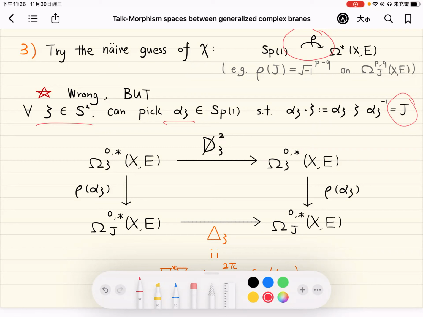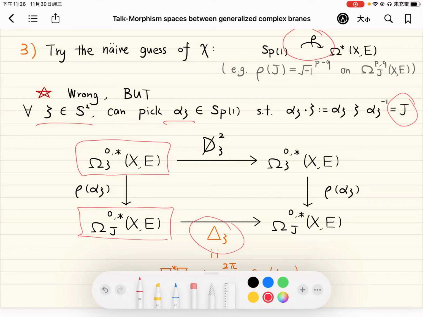So now we can send the space of zero star forms with respect to theta to the zero star forms for J here. And by this transformation, we try to rewrite the square of the Dirac operator in terms of an operator acting on the space of zero star forms with respect to J. Because originally, the SP1 symmetry not only intertwines the square of the Dirac operator, but also intertwines the S2 family of spaces.